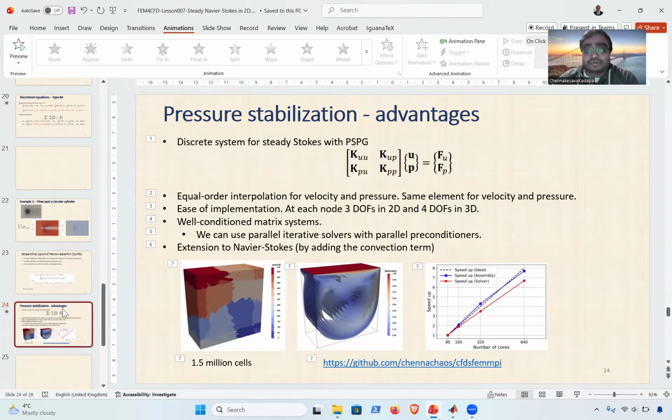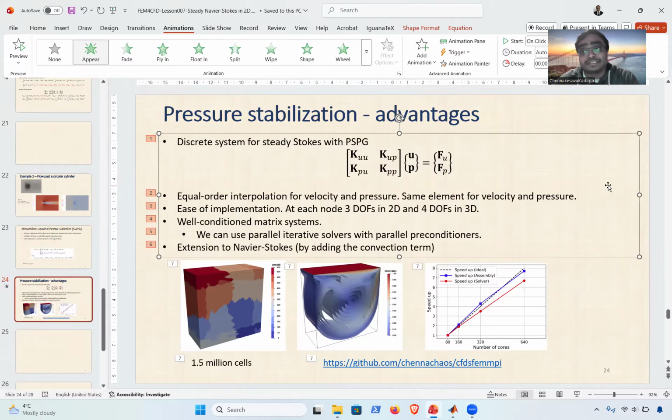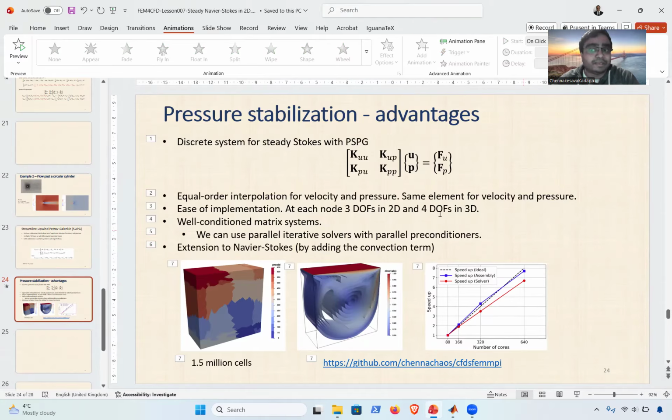If you are also interested, you can refer to my GitHub repository, where I have this formulation implemented and parallelized for distributed memory computing using OpenMPI and PETSc. I managed to solve a problem of up to 1.4 million cells, which is about, if I remember correctly, 6 million degrees of freedom.